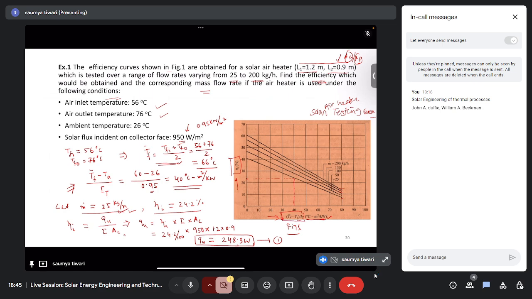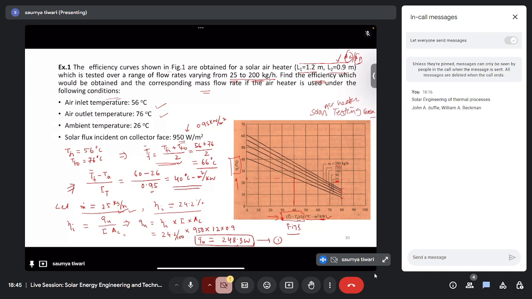So this is called the efficiency curve. The efficiency curves shown in figure 1 are obtained for a solar air heater whose lengths L1 and L2 are given, which is tested over a range of flow rates varying from 25 to 200 kg per hour. So the flow rate that we see here is 25 to 200 kg per hour. Find the efficiency which would be obtained and the corresponding mass flow rate.